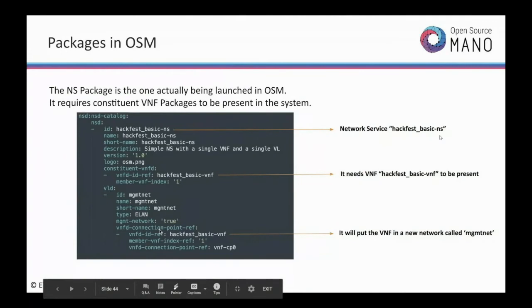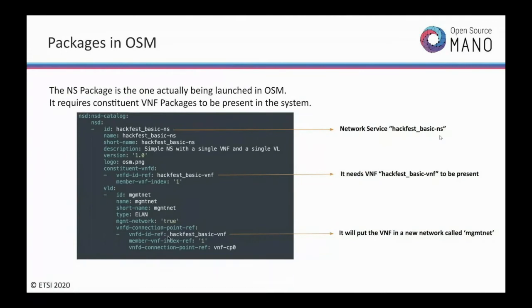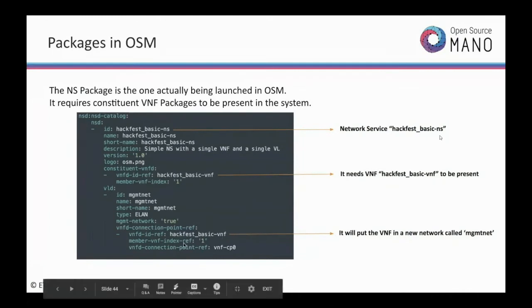We have these connection point references that refer to connection points, which are interfaces, let's say, that are exposed by the constituent VNFs. So in the management network, we are putting the VNF called Hackfest Basic VNF, which has this index reference 1, and the specific port of the VNF that is connecting to this network is this one, VNF-CP0.